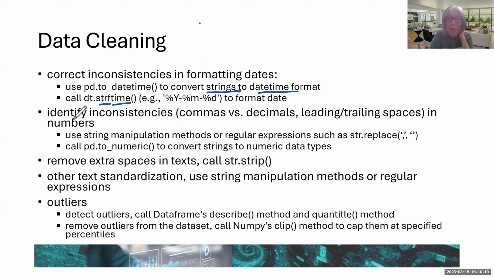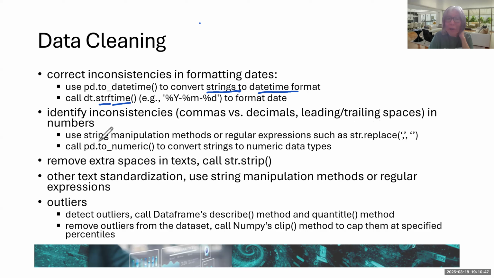The next one is about identifying inconsistency. For numbers, some number systems use a comma instead of a decimal point, so we need to make it consistent when we do analysis. And some numbers have leading and trailing spaces. So how do we handle those?